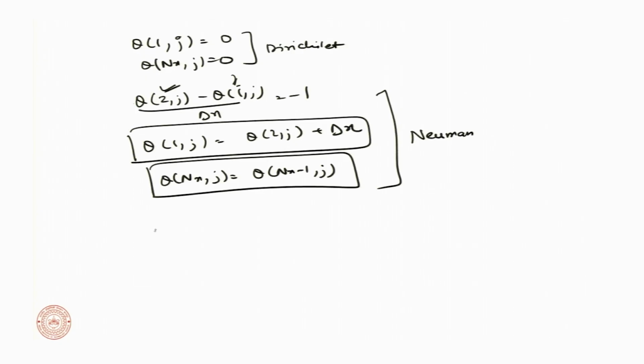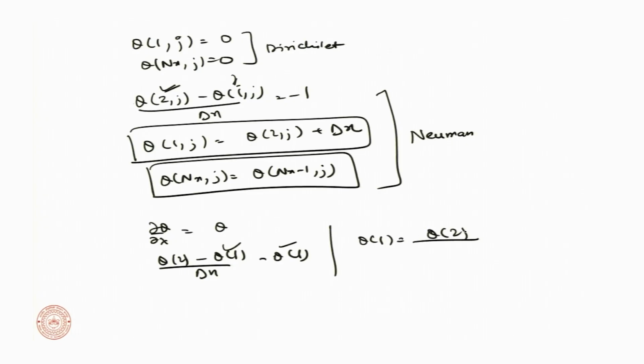And then for the Robin type, we had del theta by del x equal to some theta bar. So this was (theta of 2 minus theta of 1) by delta x equal to theta of 1. We can find out theta of 1 from here as theta of 1 equal to theta of 2 divided by 1 plus delta x, and likewise we can do del theta by del x for theta at x equals 0 and x equals 1.